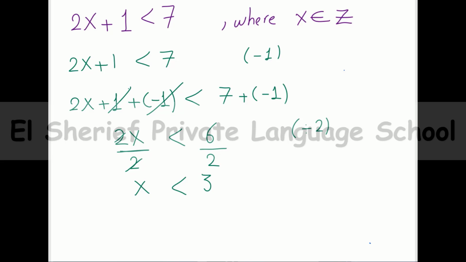The solution set: we said here set of integers, the solution set, simplified as S, equals numbers less than 3 that belong to the set of integer numbers, so I have 2, 1, 0, negative 1, negative 2 and so on.